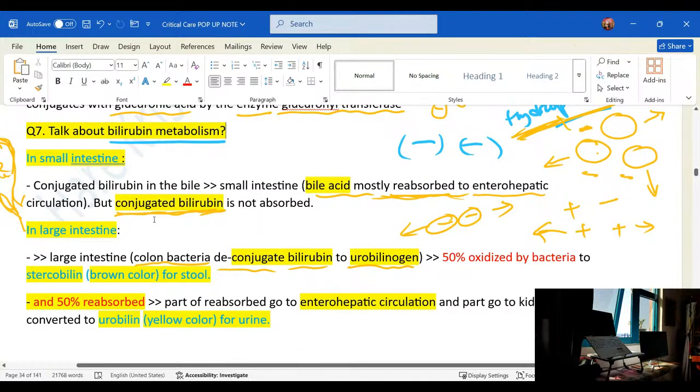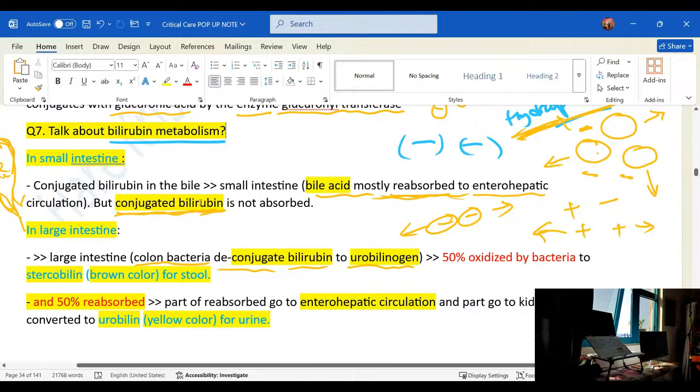We will say the conjugated bilirubin is deconjugated by gut flora and it becomes urobilinogen. Then 50% of this urobilinogen is again oxidized by the bacteria to stercobilin. First, from bilirubin, sorry, it remains as conjugated bilirubin in the small intestine.